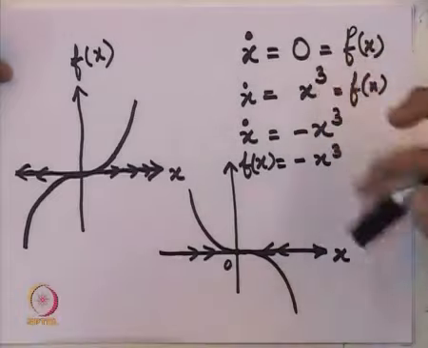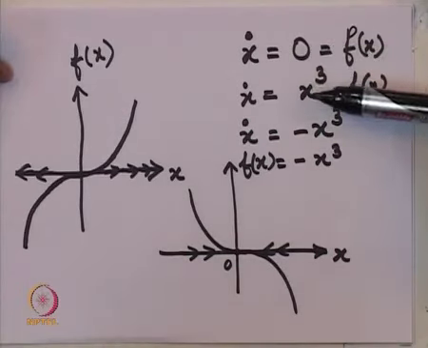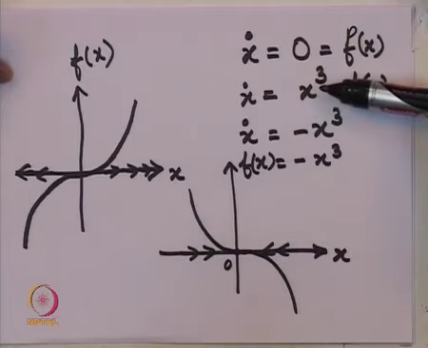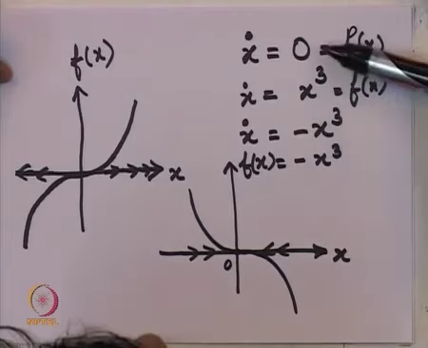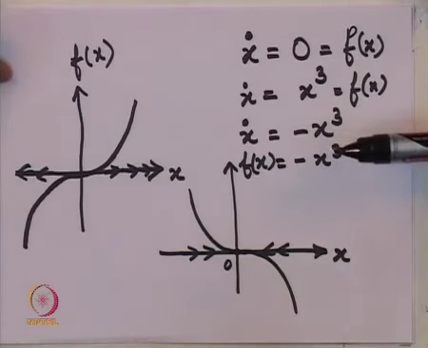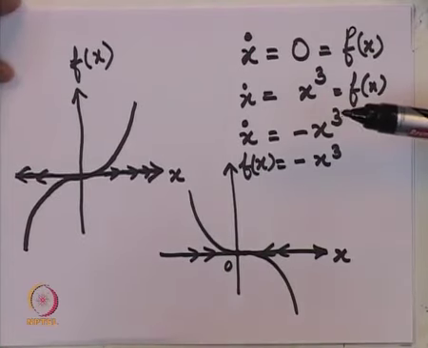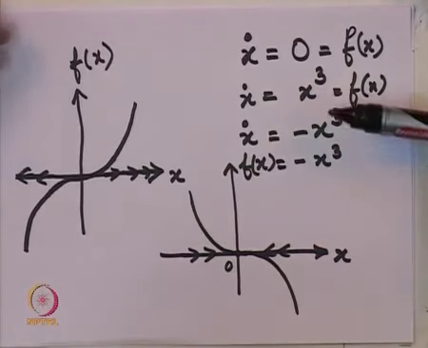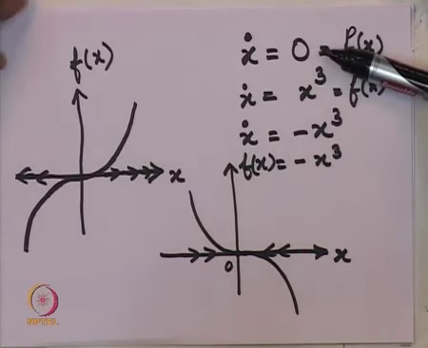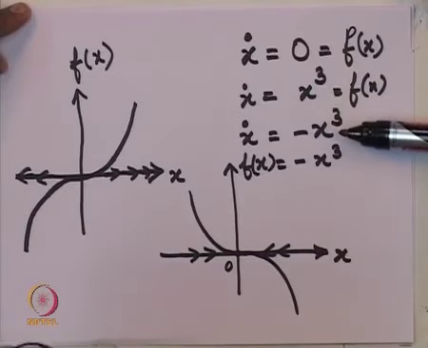So, these three examples, one where x dot is equal to 0, second where x dot is equal to plus x cube, and third where x dot is equal to minus x cube, in each of the three examples the tangent to the curve f of x versus x at the equilibrium point has slope 0, but in one case all the points are equilibrium points, in one case the equilibrium point is unstable, while in another case the equilibrium point is stable.